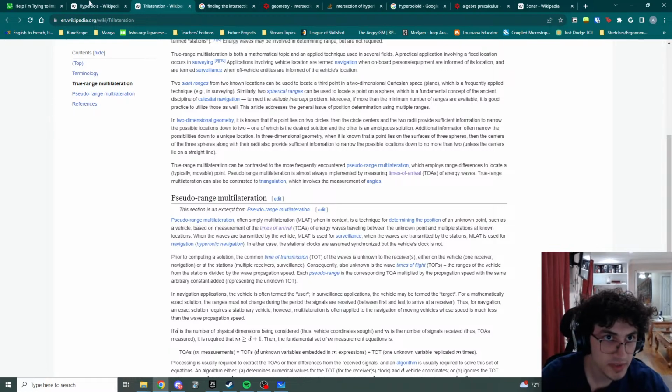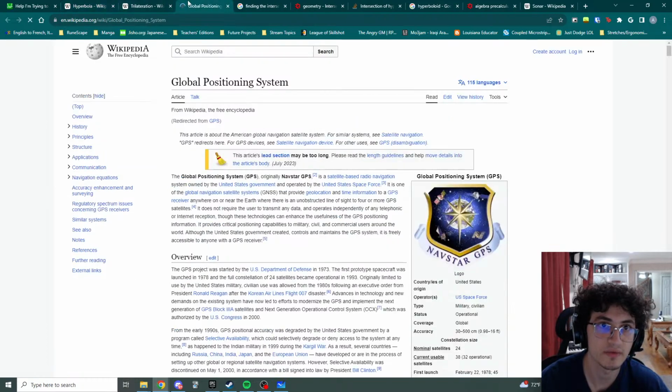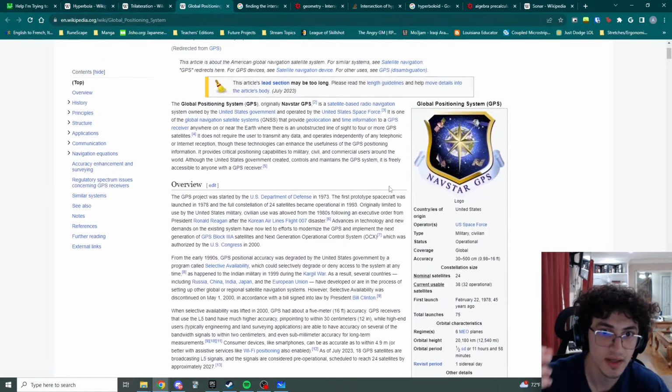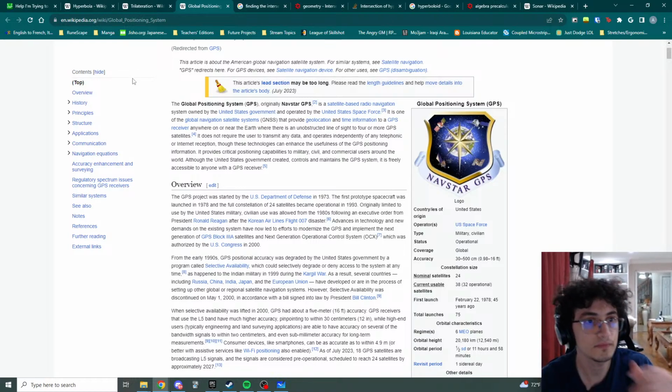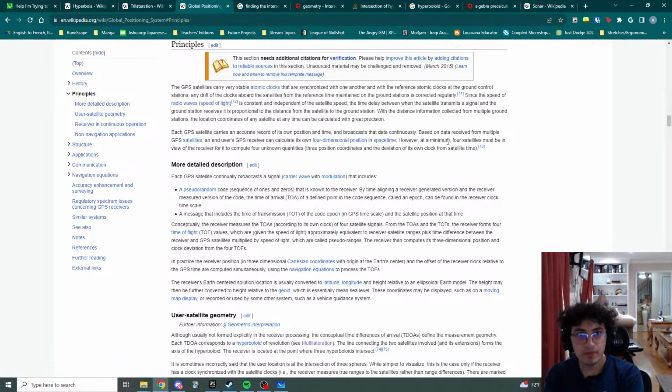But also, I think GPS is a combination. I think GPS also includes the time of arrival. I think that's part of the packet. It says, this is my current time, this is my position, right? Principles. Very stable atomic clocks that are synchronized with one another and synchronized with the ground control stations. Any drift is corrected regularly. Yeah, okay.